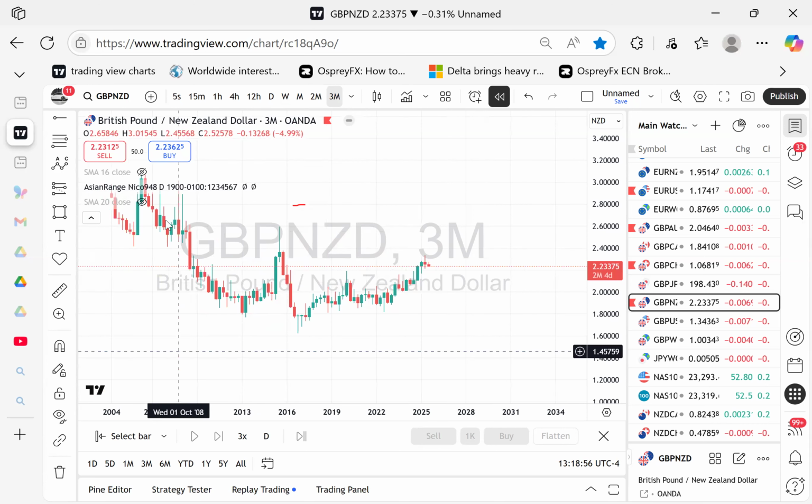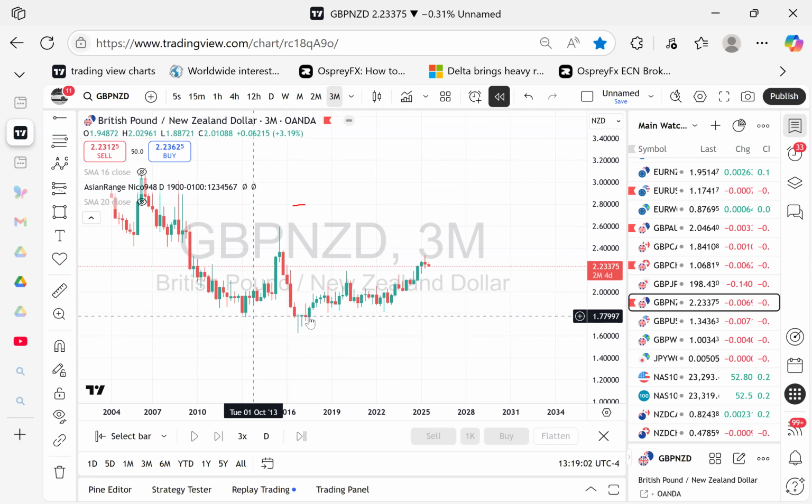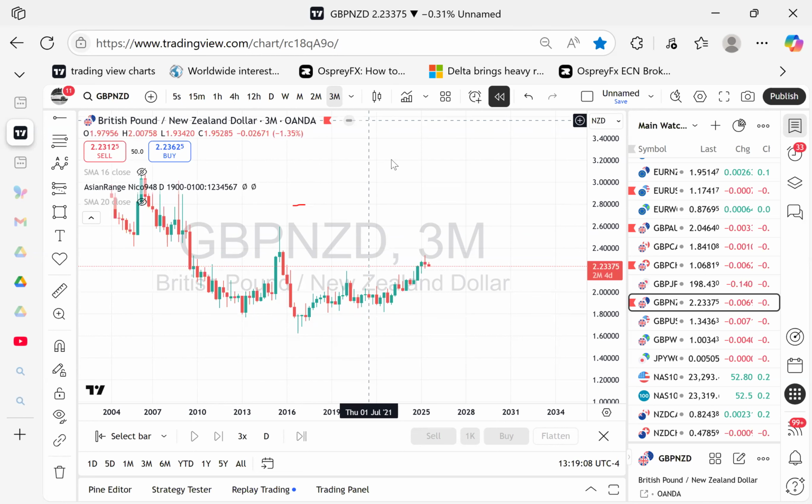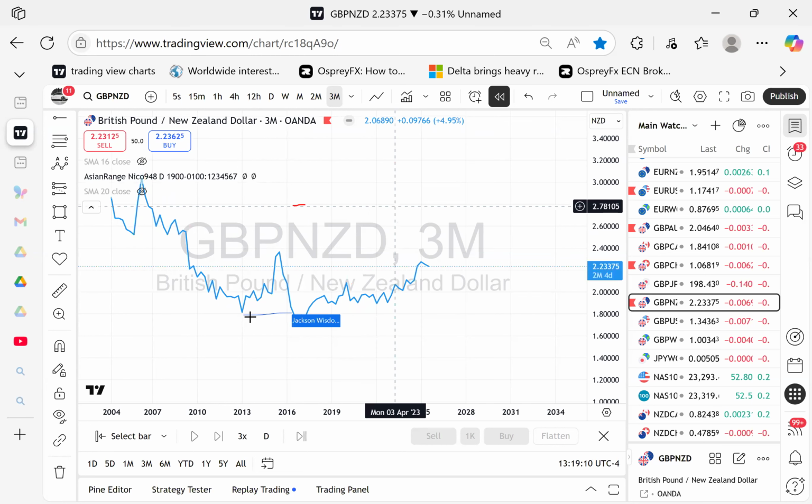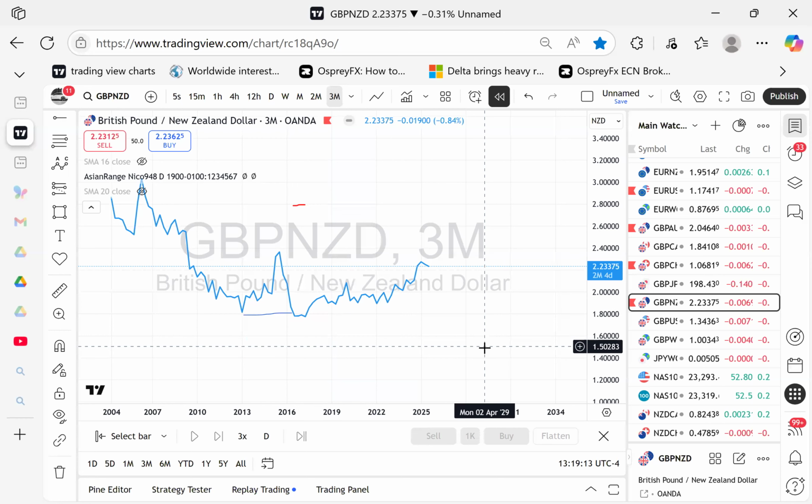Is price bearish? Do y'all consider this down move a break of structure? Yes, because if I pull my line chart out, it's a break of structure for me.